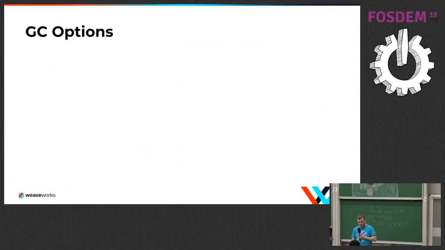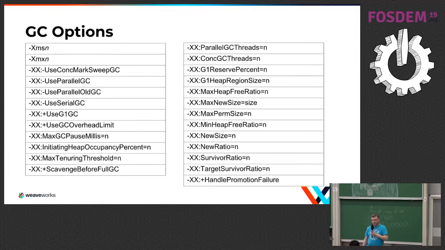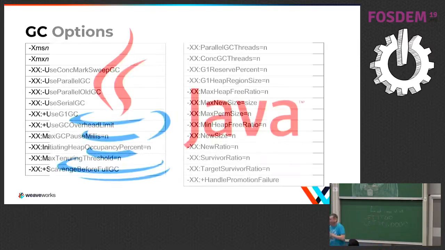So let's look at the options to tune the garbage collector. These are all the options you get to tune the garbage collector in Java. Okay, they're not all. These are all the ones I could find in 20 minutes of Googling.